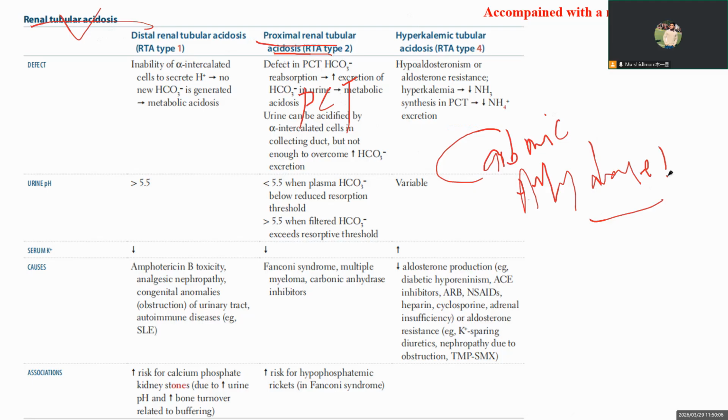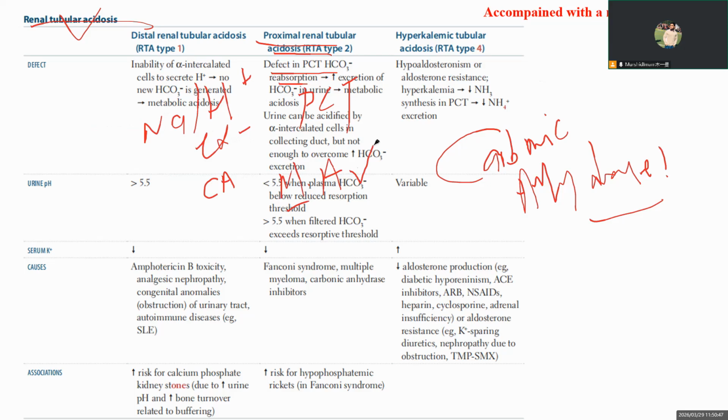In type 2 RTA, remember there is a defect in the PCT's ability to reabsorb bicarbonate. If the transporters, like the sodium-hydrogen ion exchangers, or the carbonic anhydrase enzyme itself are impaired and not working properly, the threshold for bicarbonate reabsorption gets lowered, bicarbonate spills into the urine, and this leads to metabolic acidosis.